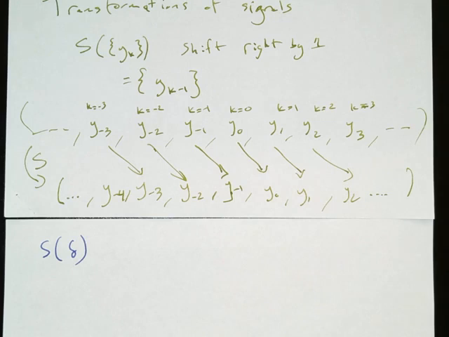What is the signal delta? Instead of the 1 being in the middle and then all the zeros, would it be shifted over to the right by like 1 unit?